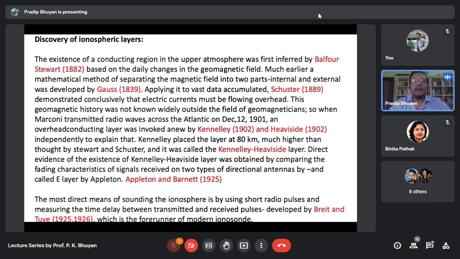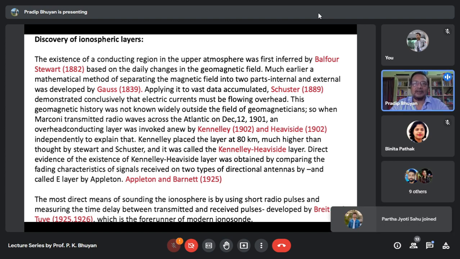Then Balfour Stewart in 1882 first inferred that there may be a conducting region in the upper atmosphere, which is influencing the magnetic field variations on the Earth.